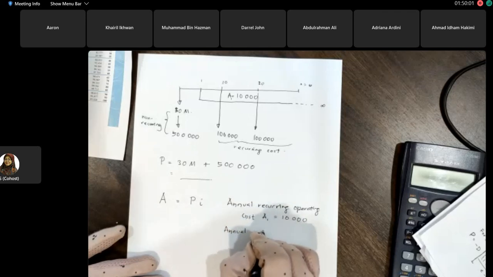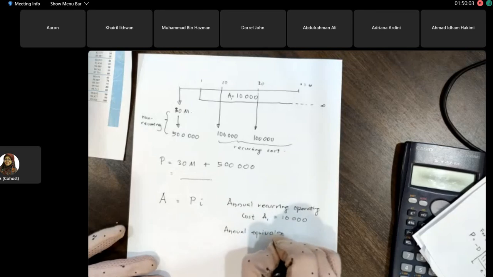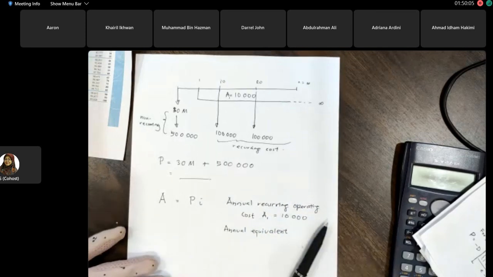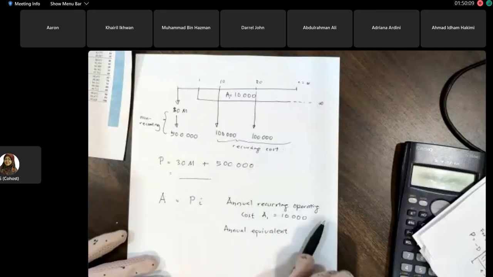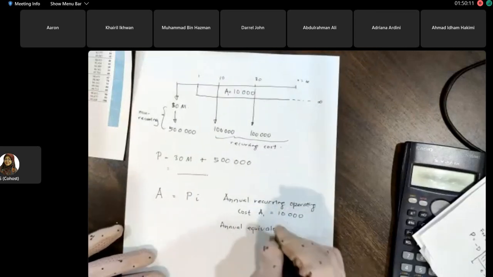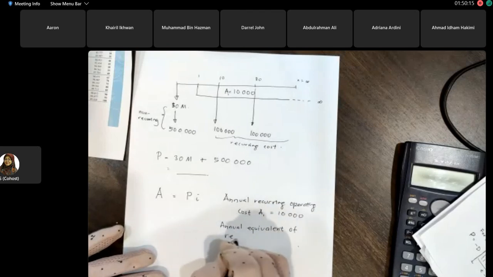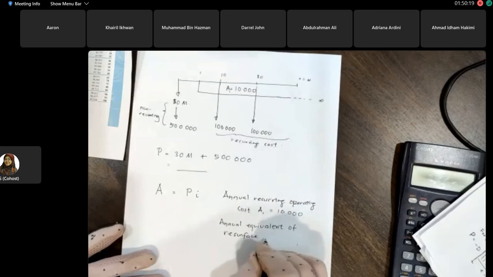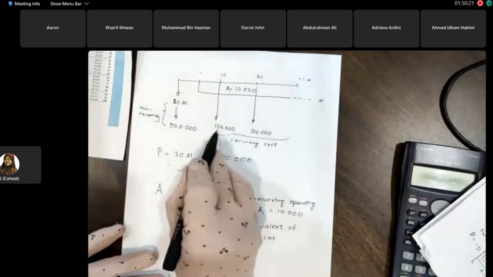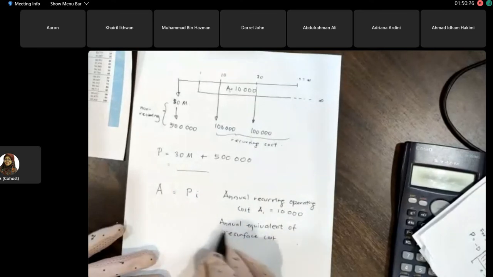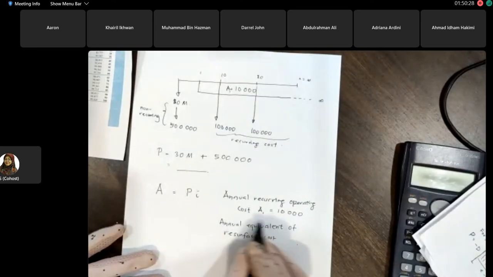equivalent annual equivalent of resurface cost. Resurface every 10 years you have the annual, but it is not annual like annual equivalent of resurface cost.